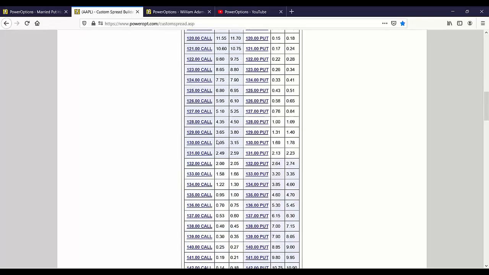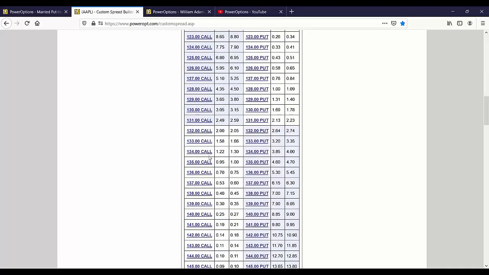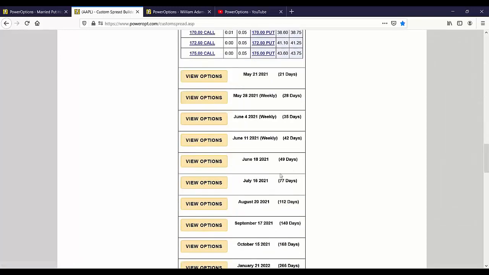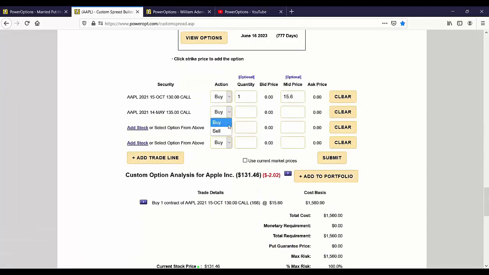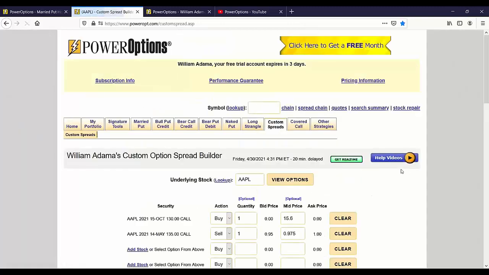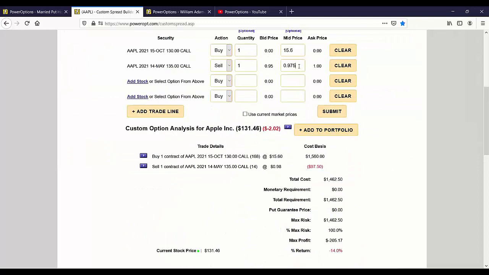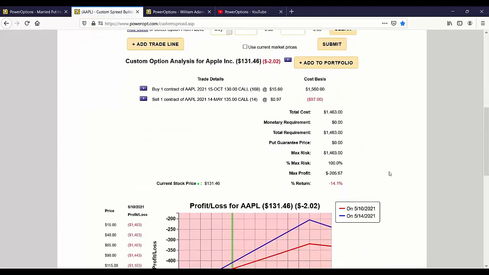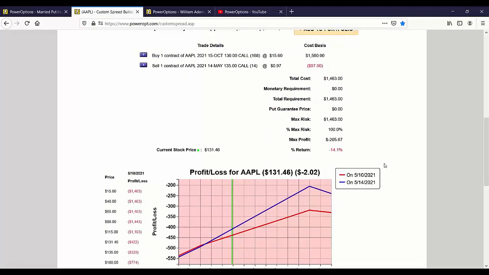I might go 14 days out or so, and I want to give myself some room, so I go out to the 135. I know this is the strike price that Patrick was worried about with his Apple call, because he feels it's going up in the married put. But here we get about, let's just call it 97 cents, Eric. I know this looks terrible in this case, so we wouldn't do this.